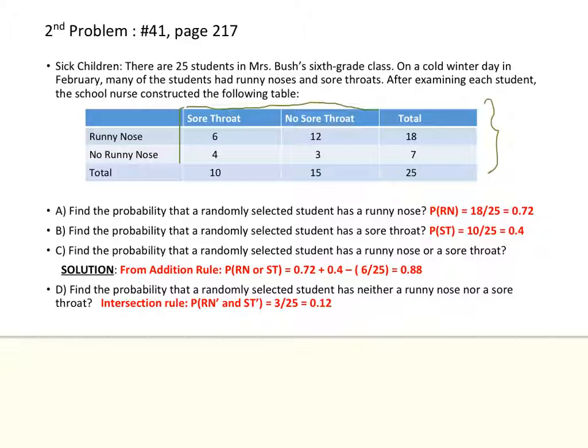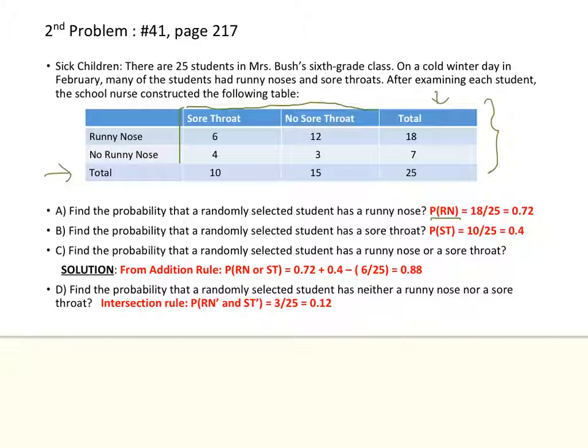And then, of course, in all contingency tables, we construct the total columns, which are called marginal totals. And now we can answer some of the following questions. So find the probability that a randomly selected student has a runny nose. So the probability of runny nose is equal to 18 over 25.